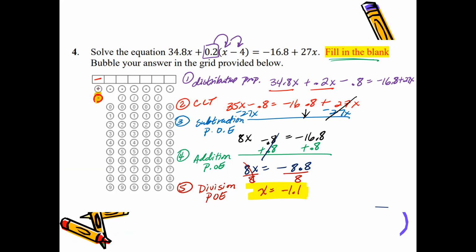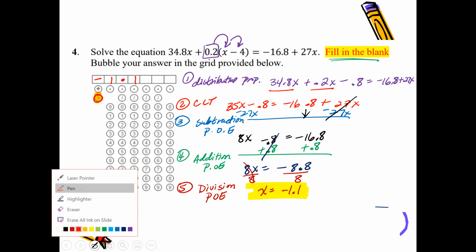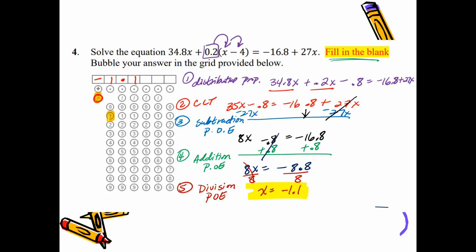You have to like, bubble it in, okay? Negative 1.1. Make sure you put the point in its own space. So then you have 1, then you hit the dot, and then you go to 1. A lot of you guys did not do that on the common assessments that we practiced with. So just make sure that you guys know how to do this on your final.